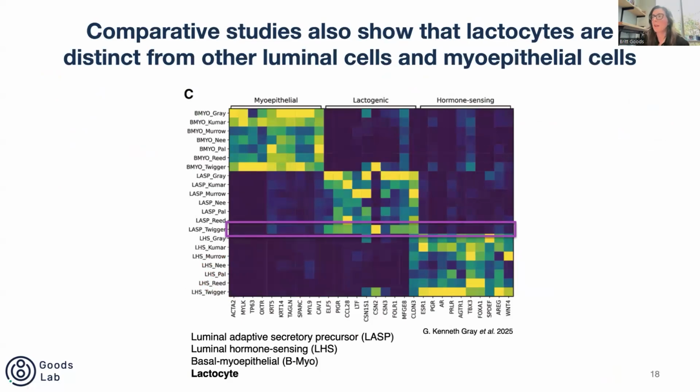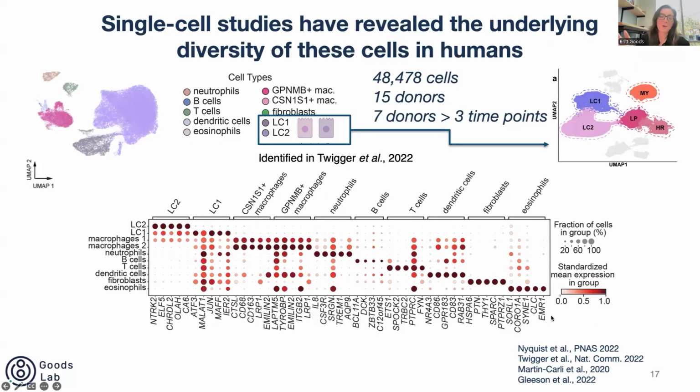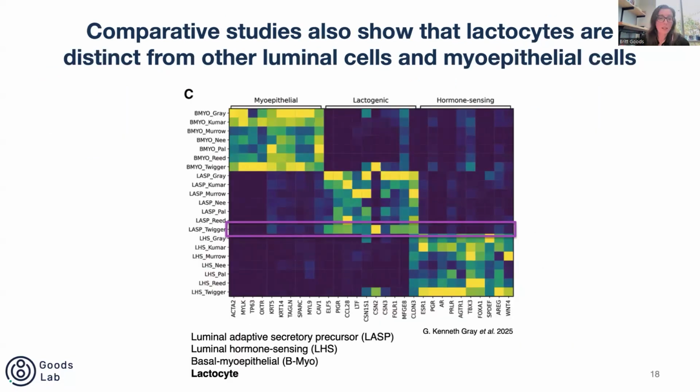Okay. There's also been some really nice comparative analyses. As I showed you in this slide, there are quite a few single cell RNA sequencing studies on human breast milk now, and as you can imagine, there's even more in the context of breast cancer. This is from a recent article that really compared a lot of different breast data sets to try and harmonize some of the cell typing and the naming around these cells.